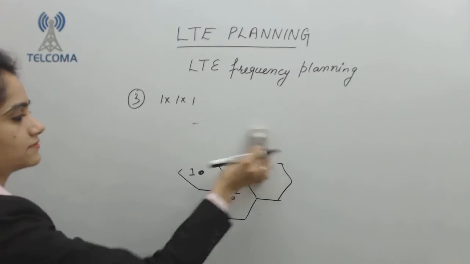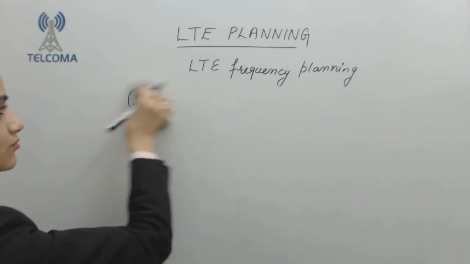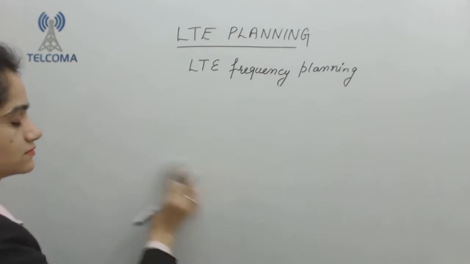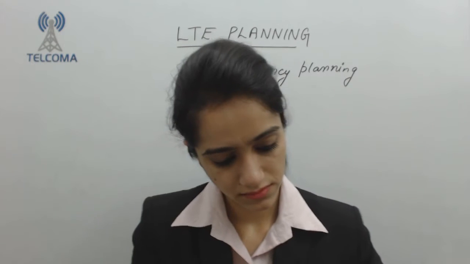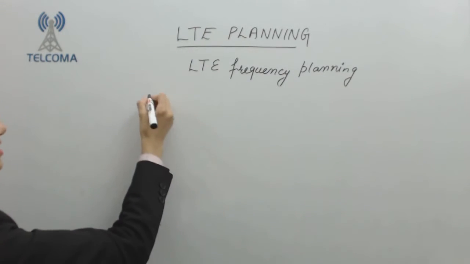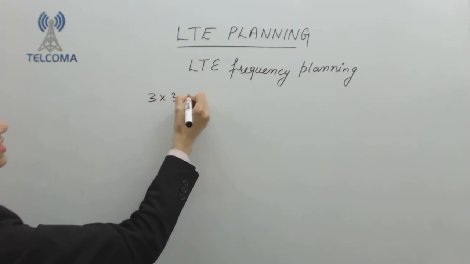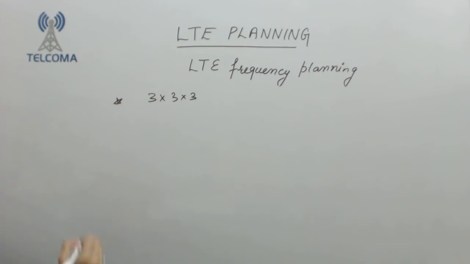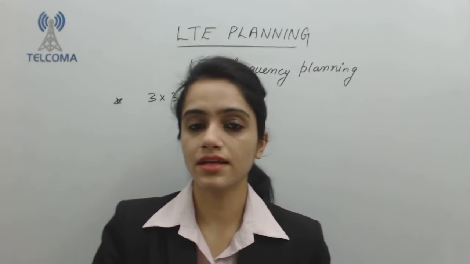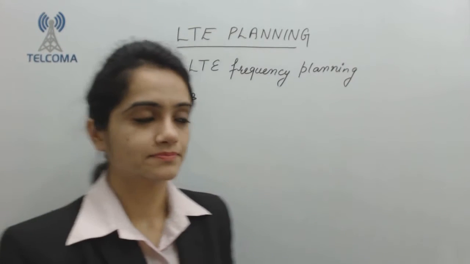Next we have the mode which is 3 cross 3 cross 3. This is a very important mode, 3 cross 3 cross 3.